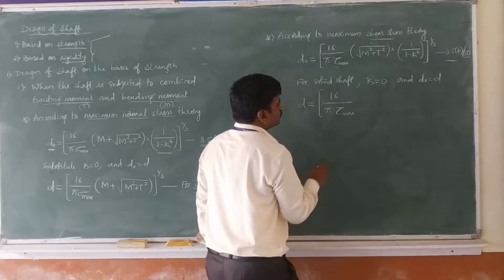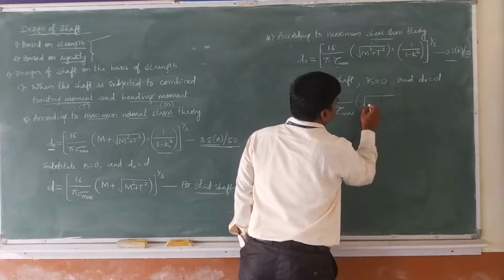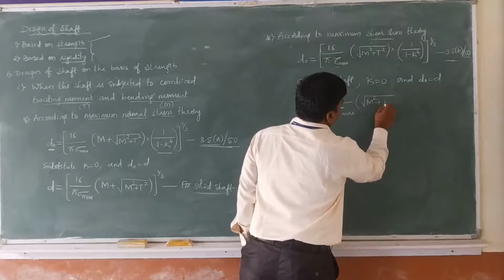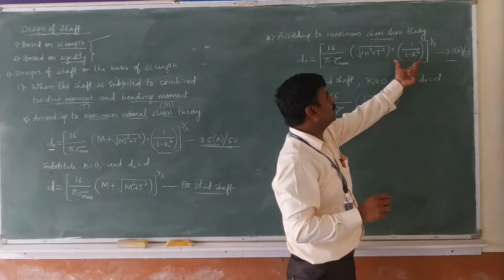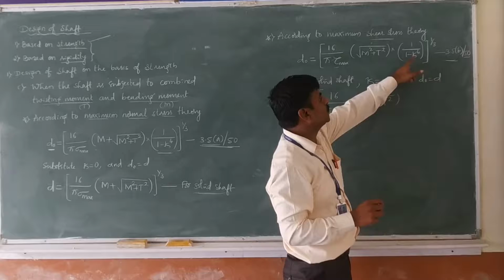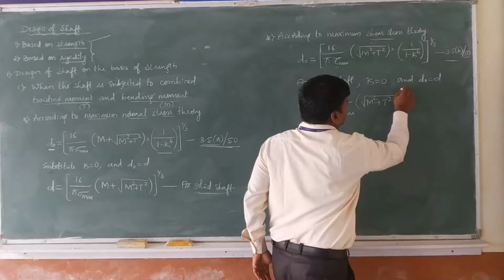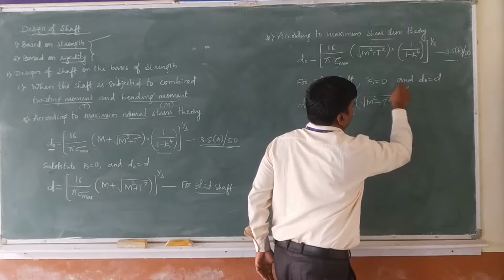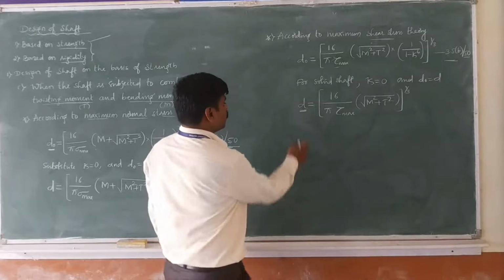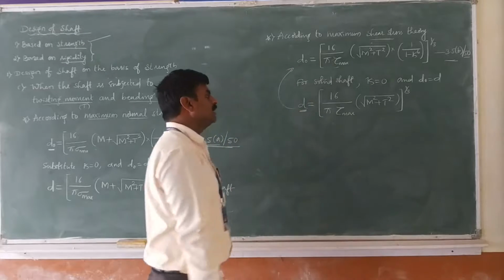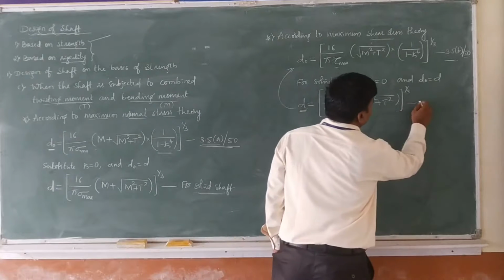We write this as it is, and the first bracket term we write as it is, square root of M square plus T square, close this bracket. Now the thing will change here because we substitute K as 0. So 1 minus 0, 1 divided by 1, 1 only. Close the square bracket and raise to the power of 1 by 2. We are modifying this with the help of the earlier equation, so this equation is made for solid shaft.